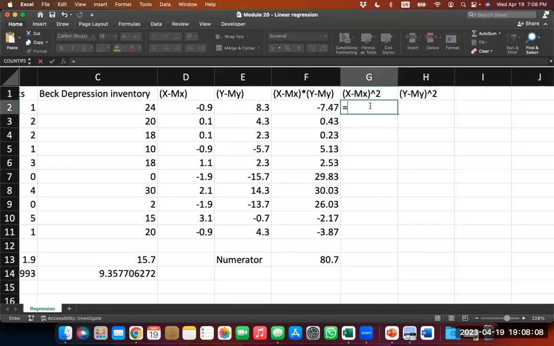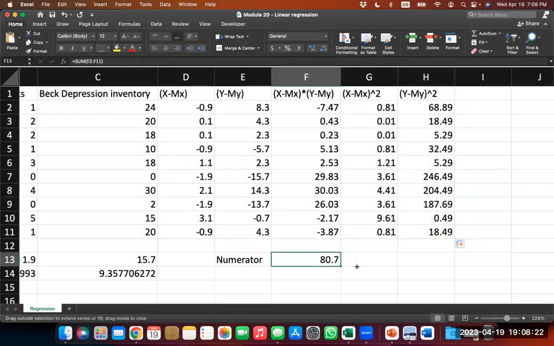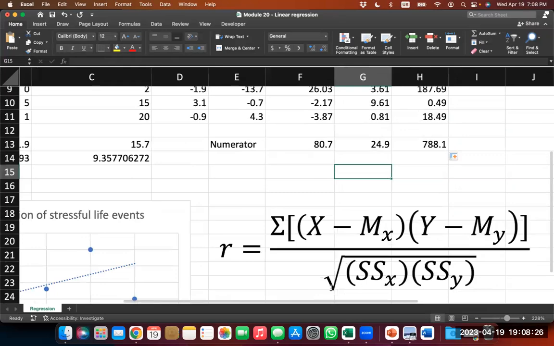Now we need this squared. We need this squared plus here. Plus here. Now we need the sum of these two, and our denominator basically is the square root of the product between sum of squares x and sum of squares y.